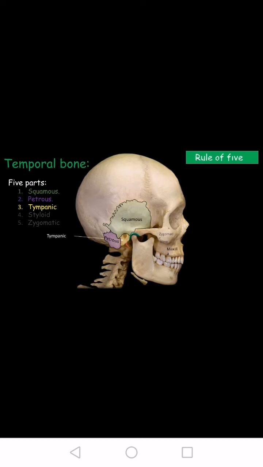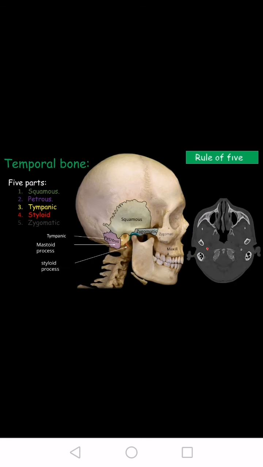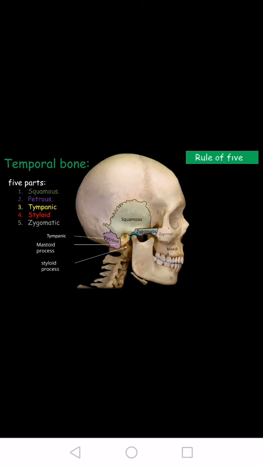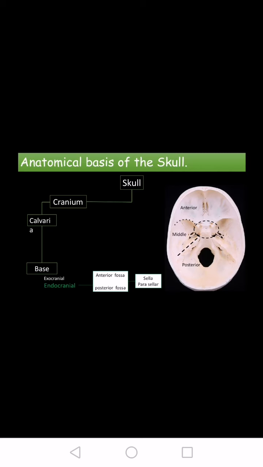Tympanic, which makes the external auditory meatus. Styloid process that is important to localize the facial nerve as well as the extracranial internal carotid artery before it enters the cranium, and the zygomatic process of the temporal bone as well.